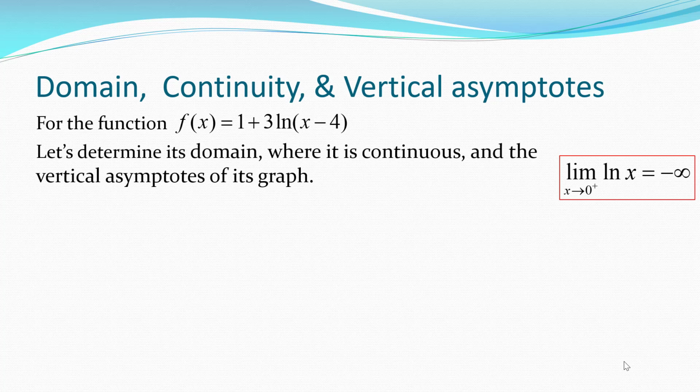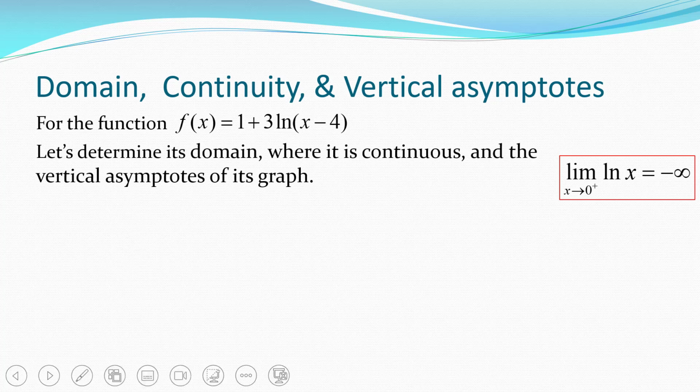Now, to find the domain of a function, you normally look for where you have a potential division by 0, or where you potentially have an even root of a negative number. Here, though, none of those exist. The only limitation on the domain comes from the natural logarithm.